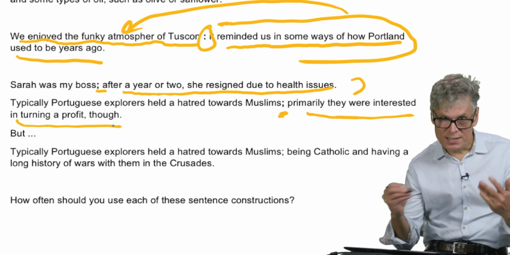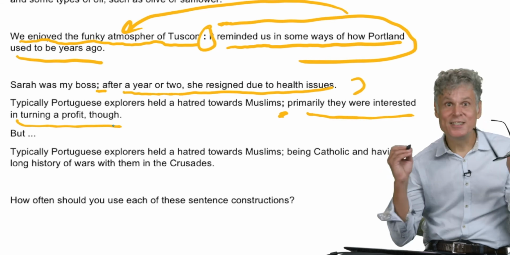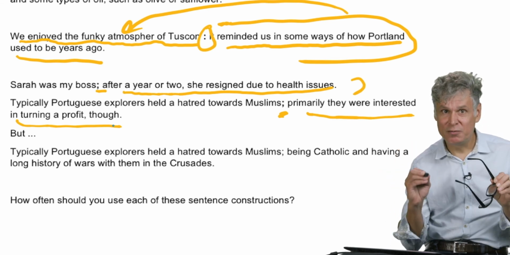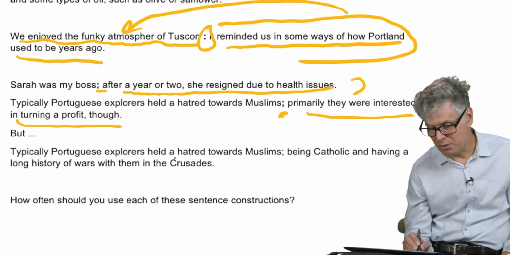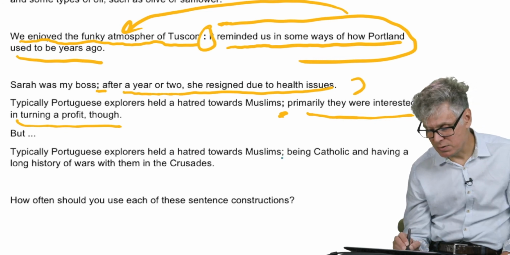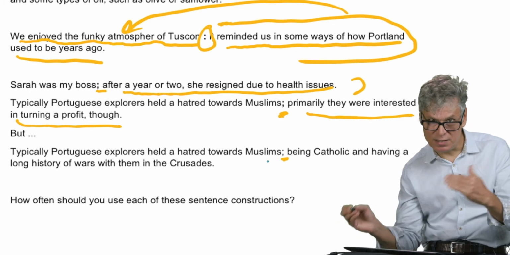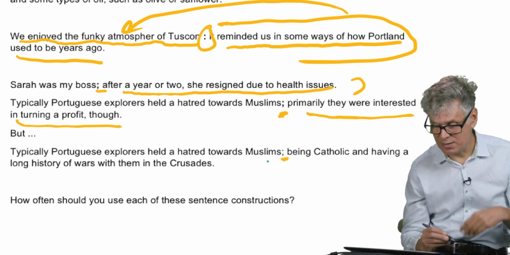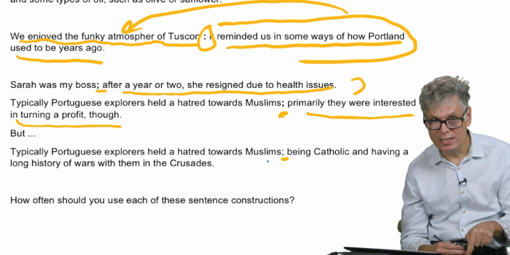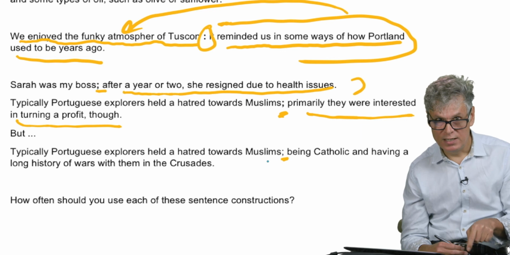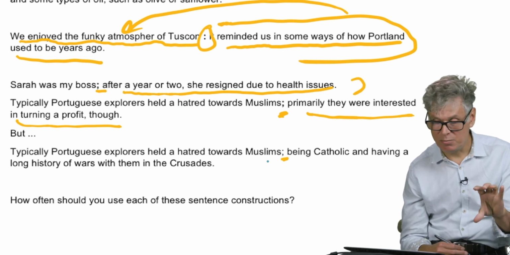Now, this is when I said that some people use it incorrectly. This is a classic example of how someone's going to screw it up. So typically, Portuguese explorers held a hatred towards Muslims. So I'm expecting a sentence, because remember it combines two sentences, and a student writes, being Catholic and having a long history of wars with them in the Crusades. This is an authentic thing that I see in papers all the time.